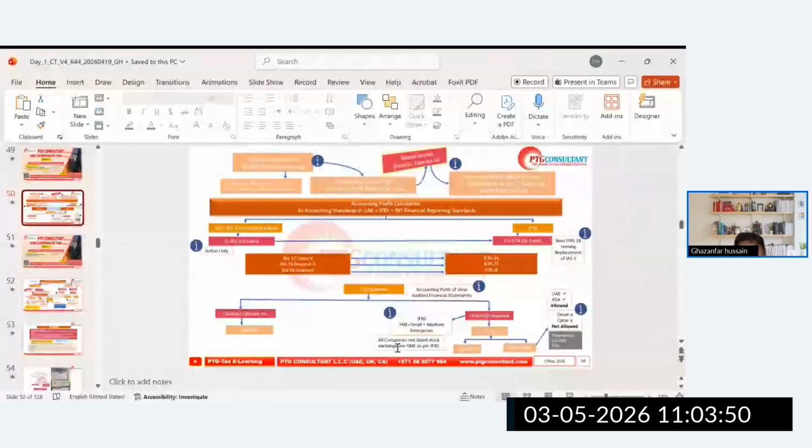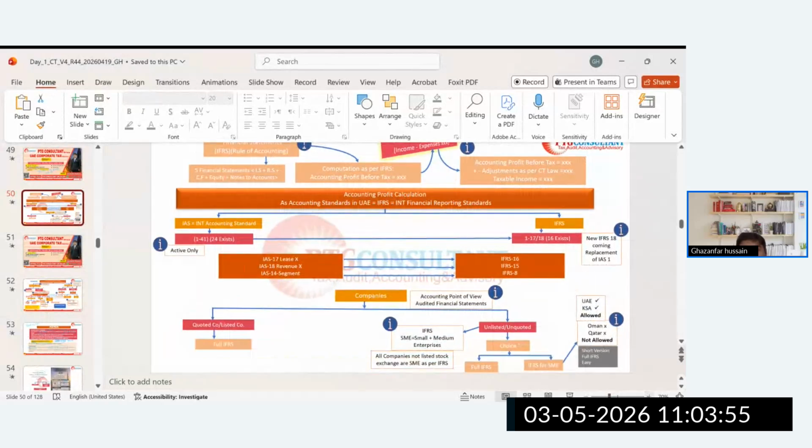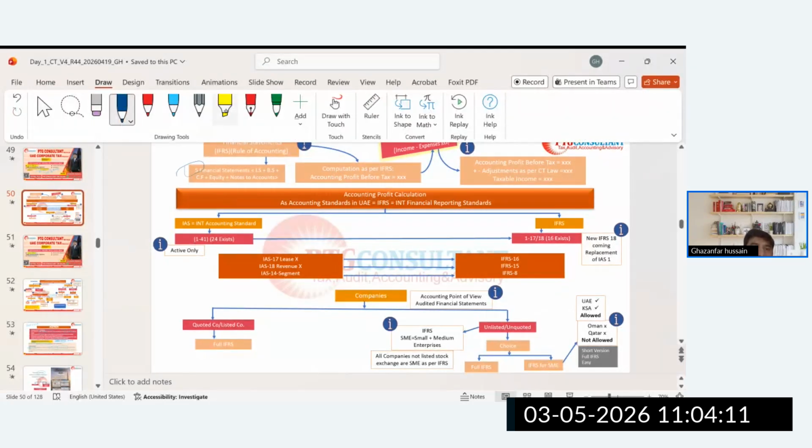This is the topic we covered, where we said there are 5 financial statements, which we covered in detail along with their details. We said the income statement, then the balance sheet, then cash flow, then equity, and notes to accounts.